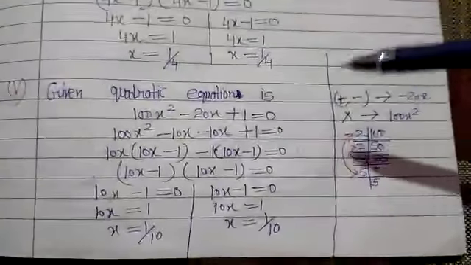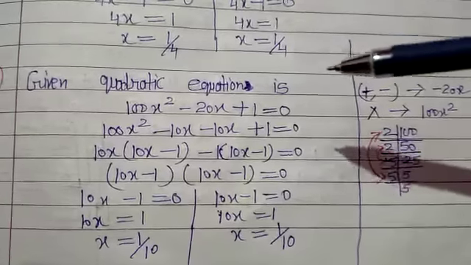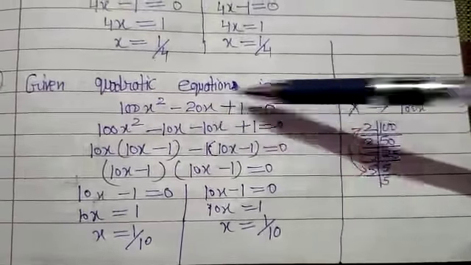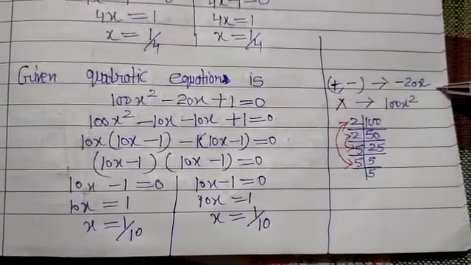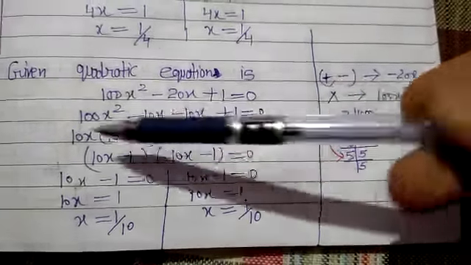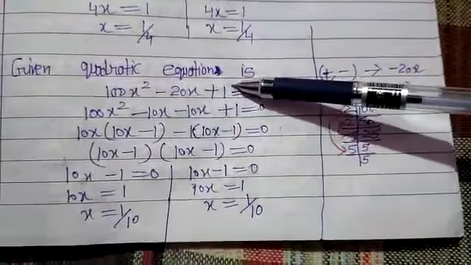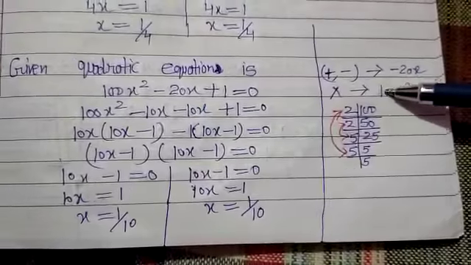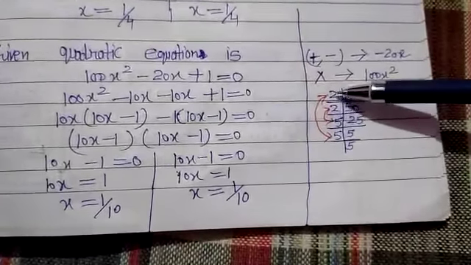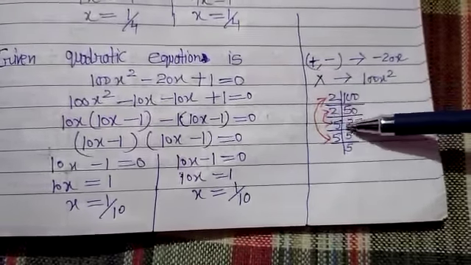Now the last part is 100x square minus 20x plus 1 is equal to 0. Same method, we will split the middle term, so that after adding, our answer will be the middle term minus 20x, and after multiplication we will get the product of the first and last terms. The product of the first and last terms is 100x square. So we will do the prime factorization of 100, which is 2 into 2 into 5 into 5.